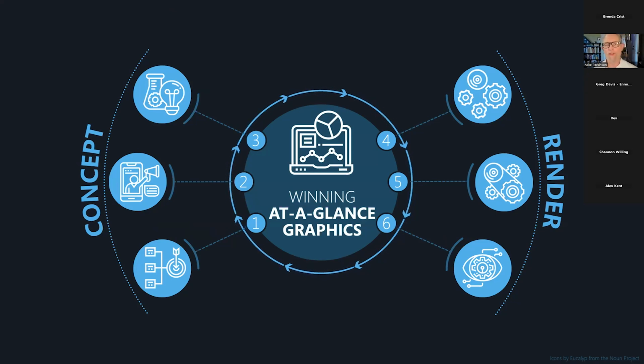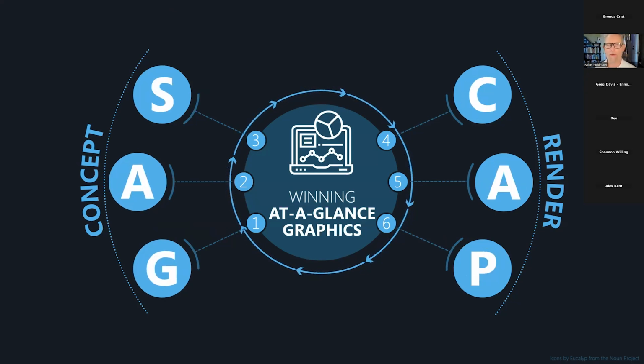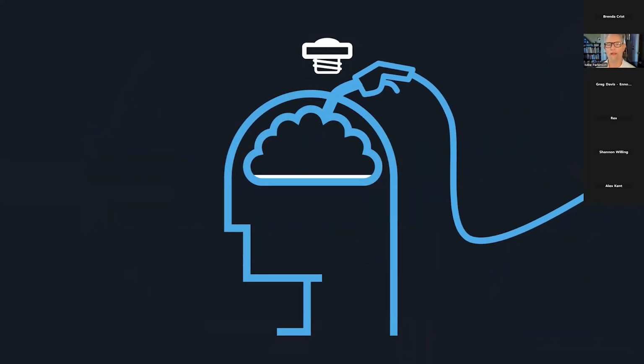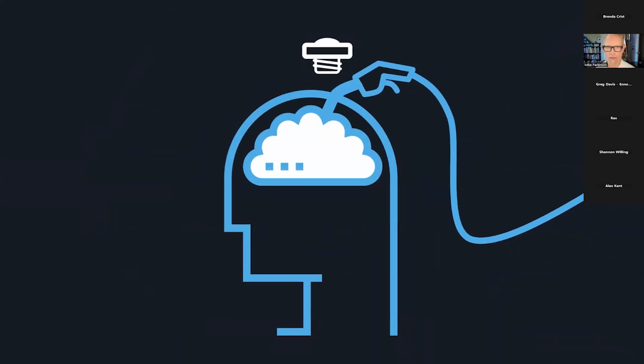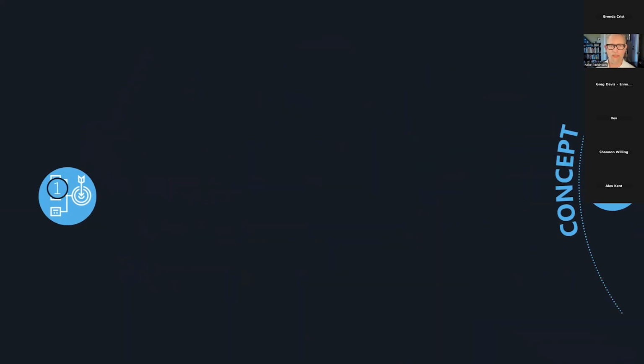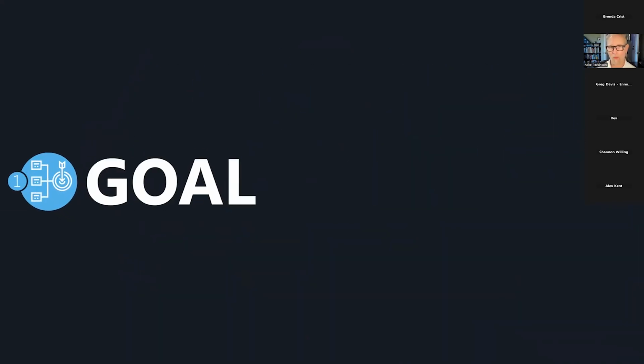The way we're going to remember this is with an acronym called GASCAP, and think of it as filling up the evaluator, reviewer, decision maker's brain with content that they need to make the right decision, to choose our solution. The first one, the G, stands for goal.